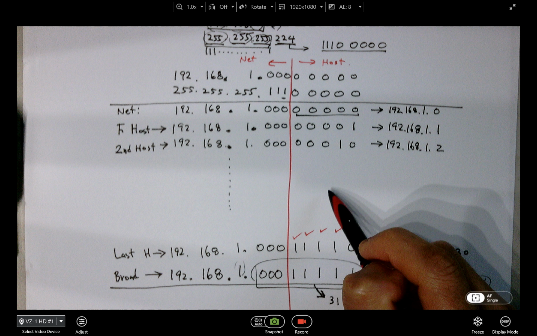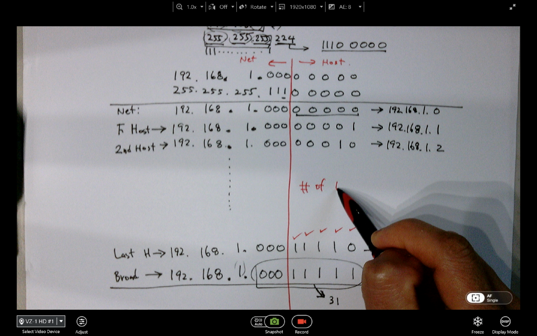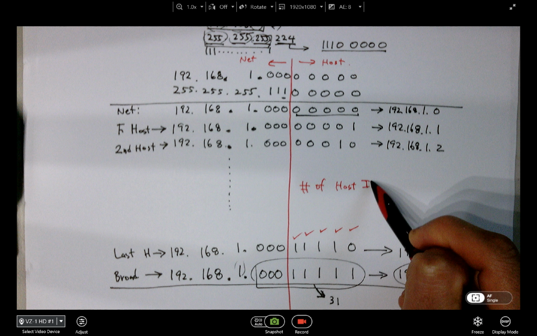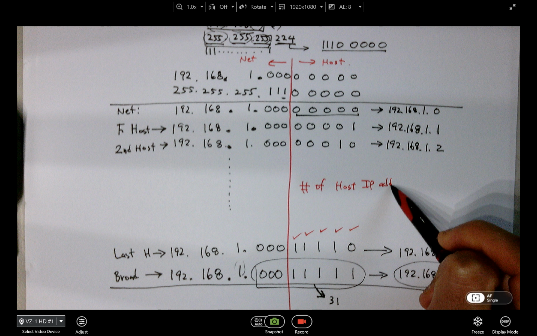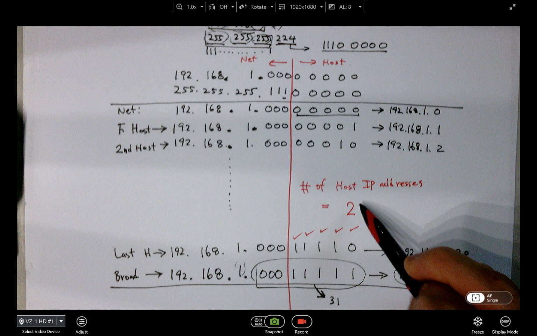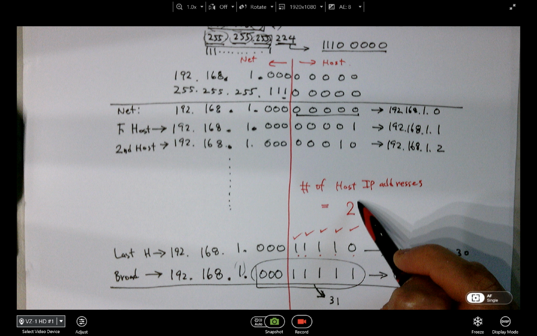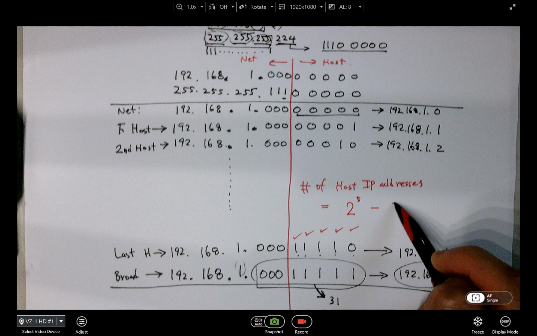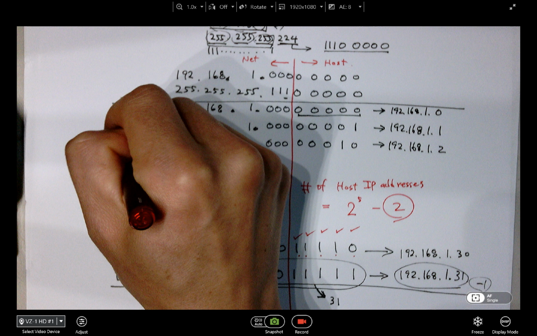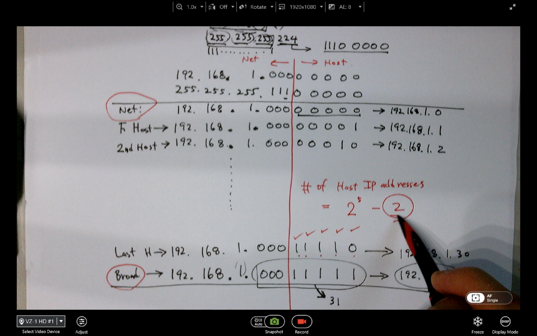So the number of usable host IP addresses is 2 to the 5 minus 2, because you need to exclude the network address, and you also need to exclude the broadcast address. So that's why you get minus 2.